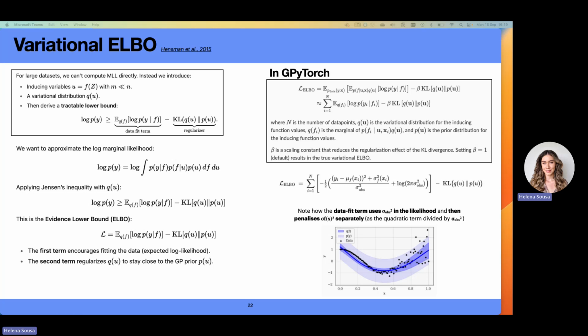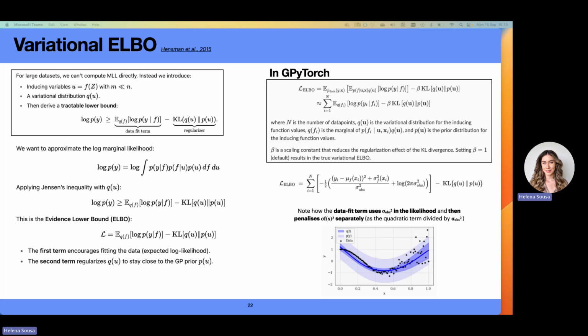The data fit term encourages the approximate posterior to explain our observed data, while the second term, the regularizer, is the KL divergence penalty. It keeps this variational distribution close to our GP prior, so it's mainly used to control overfitting of our model.